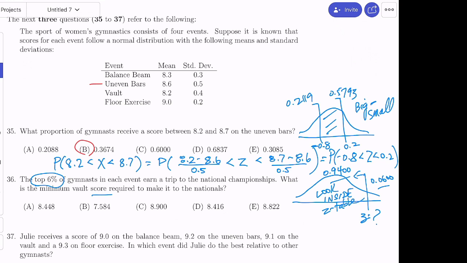What is the Z? So it should be a positive number. 1.555.